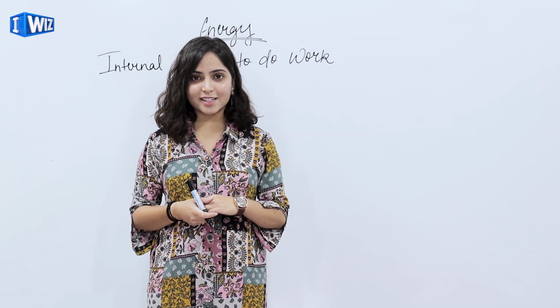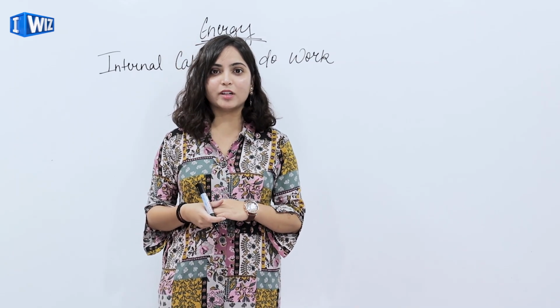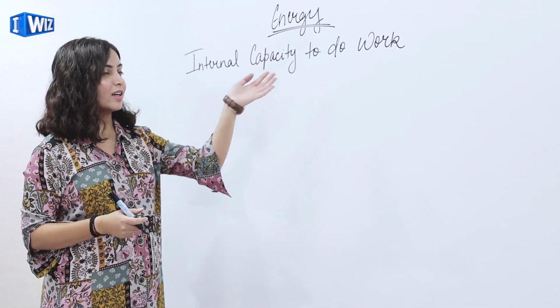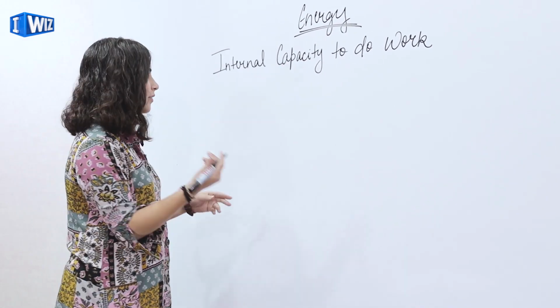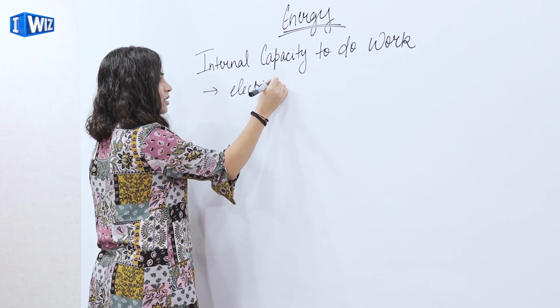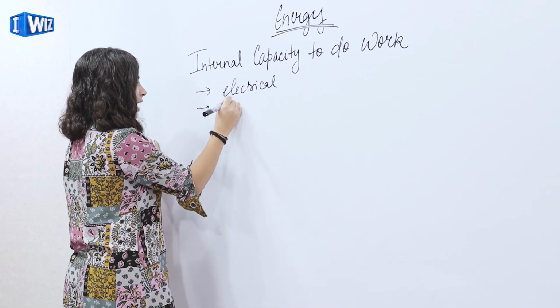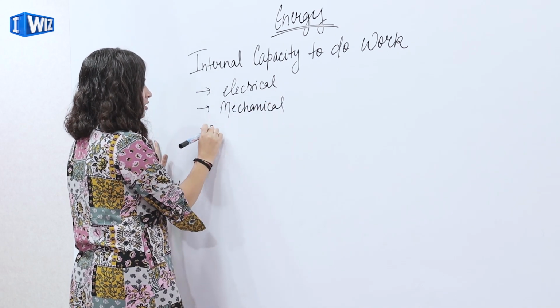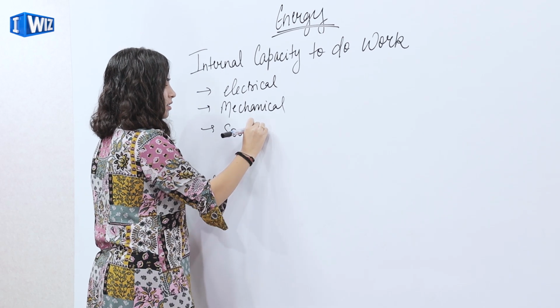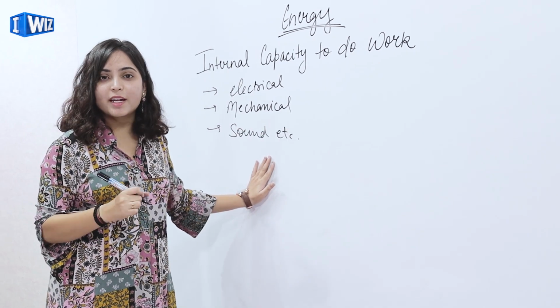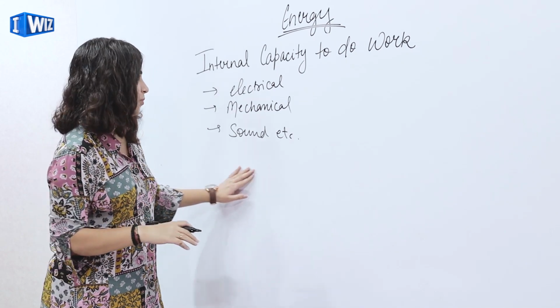Now after discussing work, let's discuss energy. The internal capacity to do work is called energy. We have different types of energy: electrical energy, mechanical, sound energy, etc. Energy of one form can be converted to another form.